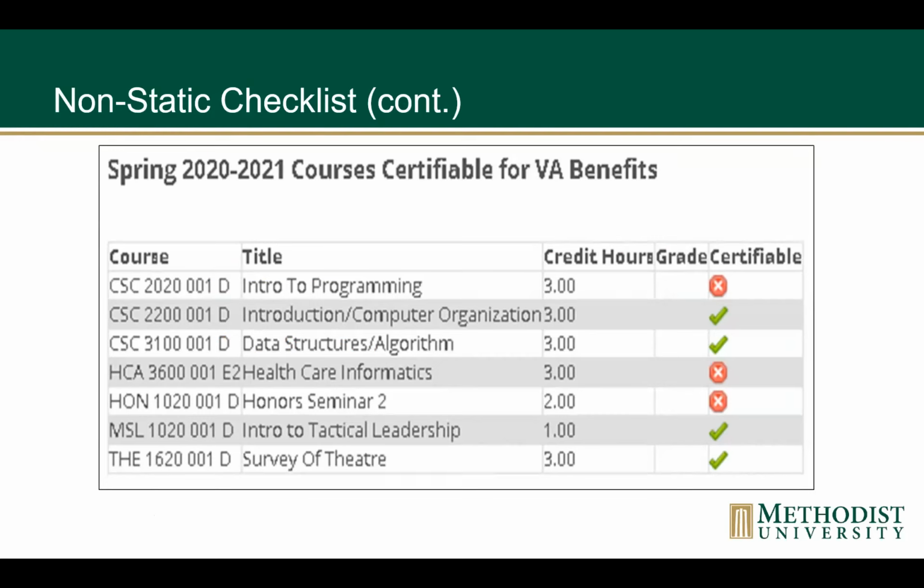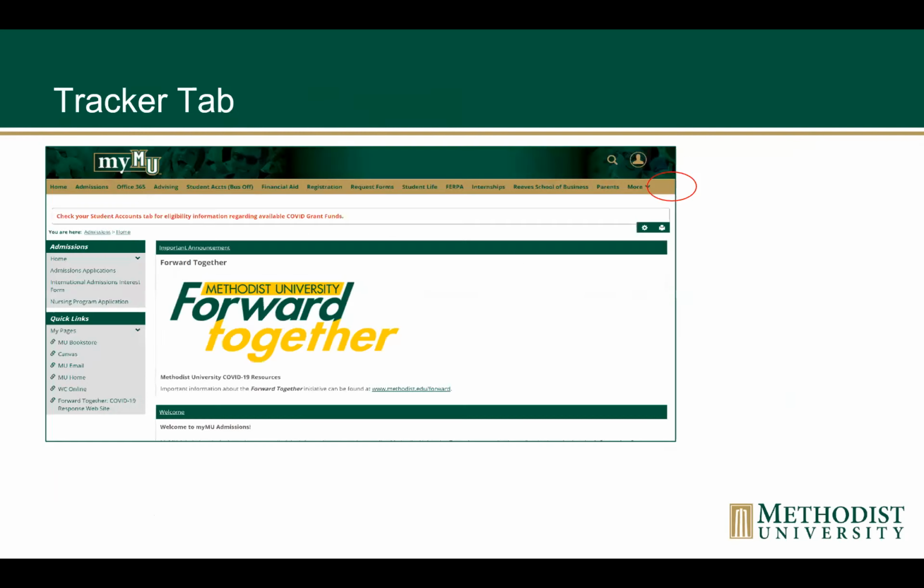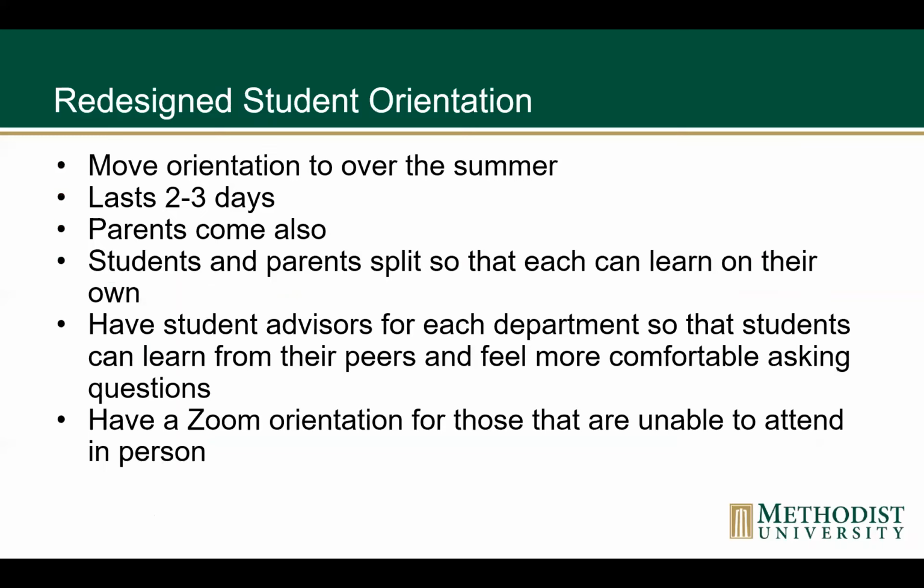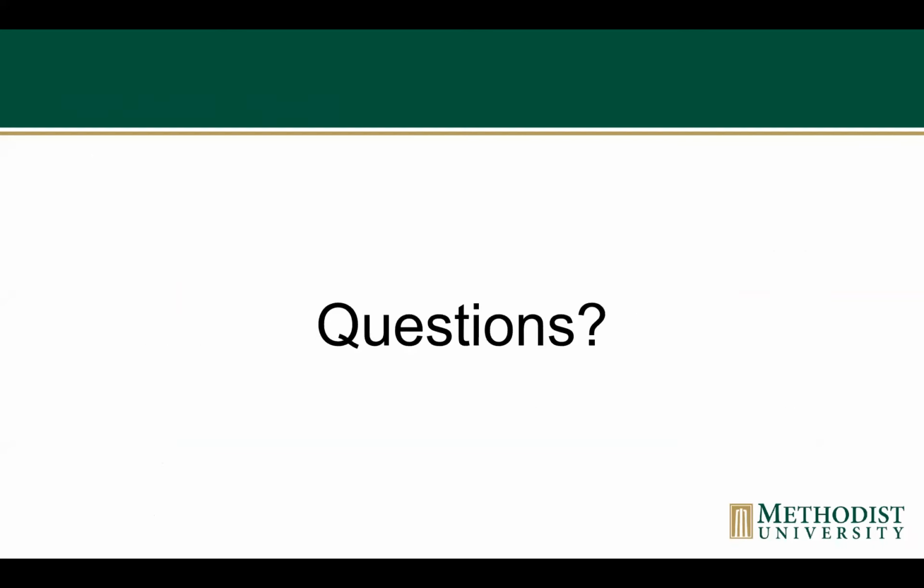You will click on the link to the information that you do not have, and it will take you to where on the admissions page you need to be to complete that obstacle. But that's our main, yeah, that's our big idea. Our big plan is to use the tracker tab. But because that's not feasible currently, our smaller plan was the non-static checklist just on its own.